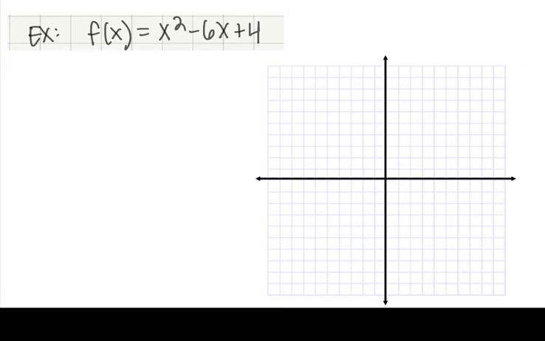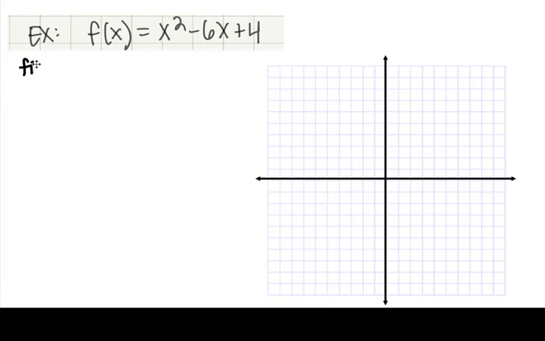Now it's wonderful when we have our function in vertex form, but here we have it in standard form, f of x equals x squared minus 6x plus 4. So we're going to find the vertex by completing the square, or you can use negative b over 2a.